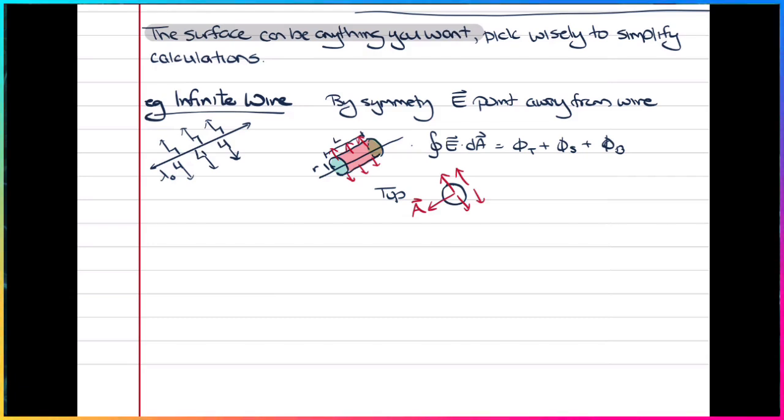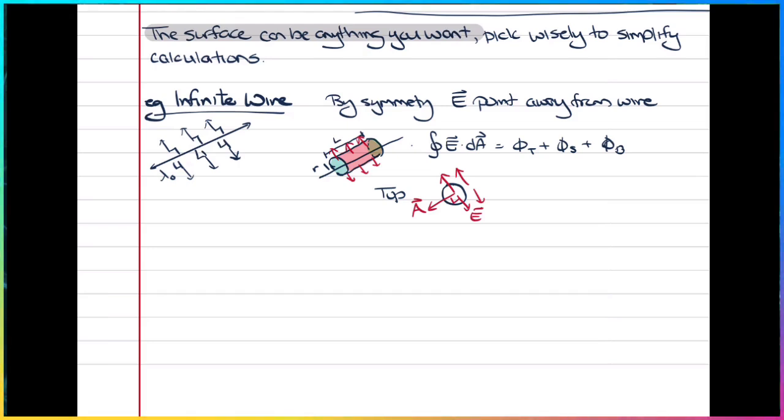And notice that they are perpendicular to A. None of them actually go through the top and the bottom. Because if they're at 90-degree angles from one another, again, think of the water. The water stream will not go through the sensor into the bucket.